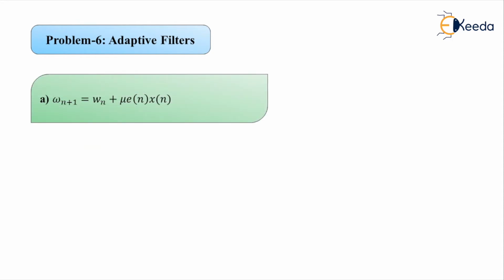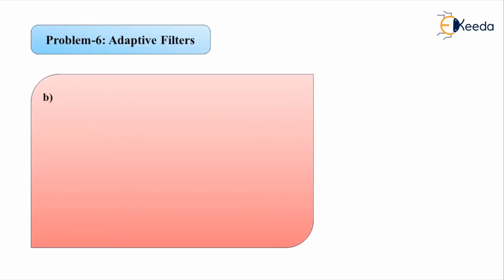So with x of n equal to a constant, we can determine the error E of n. E of n is D of n minus the estimate of D of n.